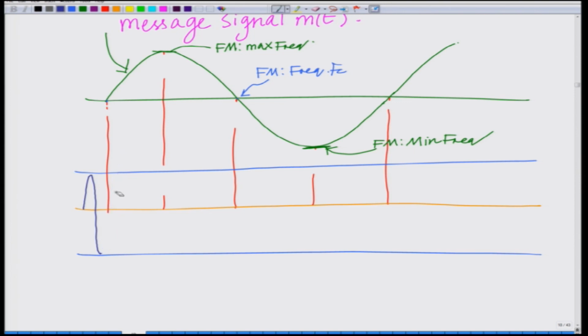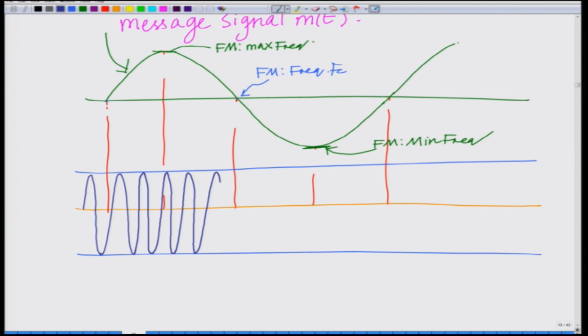Slowly as it comes towards the peak of the signal, the frequency increases, and once again it starts decreasing to the frequency of the unmodulated carrier, and then the frequency further decreases at this part, which is the minimum.